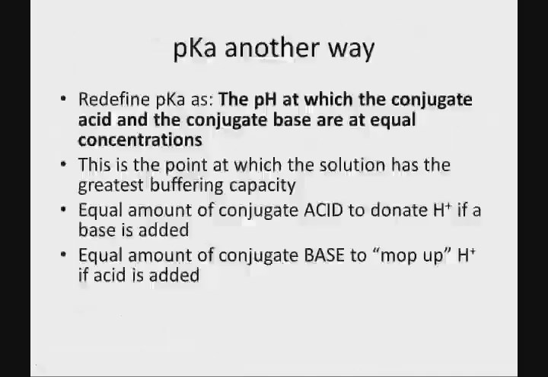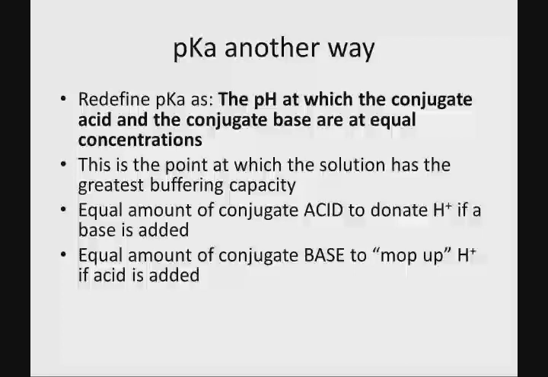Now, the best way to think about pKa to make it effective and useful in a biological system is think about it as the pH at which the conjugate acid and the conjugate base are at equal concentrations. Basically, this means that I have enough conjugate acid to donate protons to solution if hydroxide ions are added.